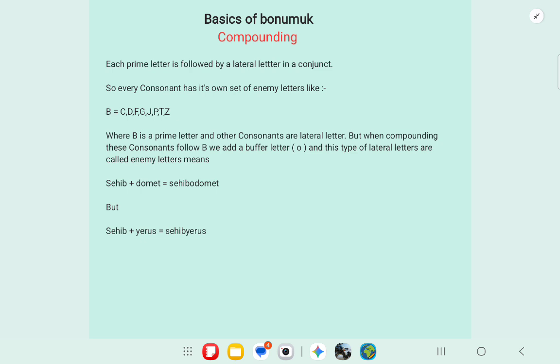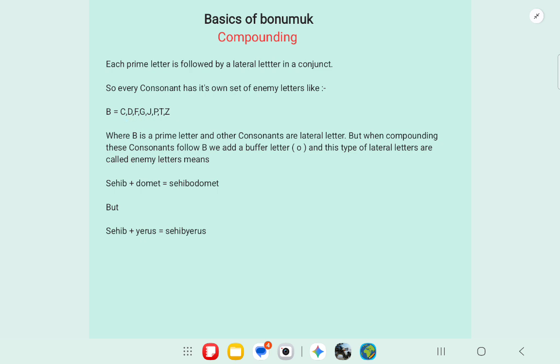So what it means, whenever any of these letters follows B, like D, we need to add a buffer letter, because whenever B is followed by these letters, they create a hard consonant, and these set of letters are the enemy letters of B. Okay, and these types of letters are called enemy letters.